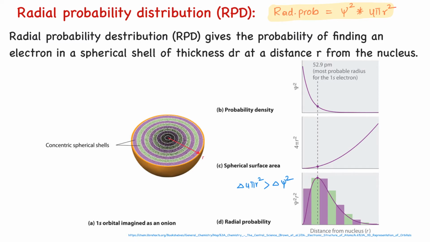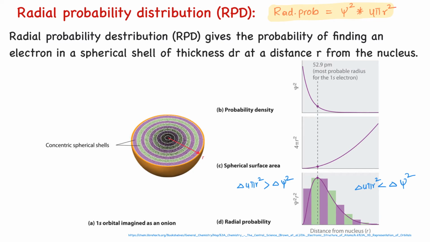After we reach a certain radius, the increase in the surface area from one shell to the next becomes smaller than the decrease in the probability density from one shell to the other. Therefore, the product of these two values, that is radial probability, decreases from that point.